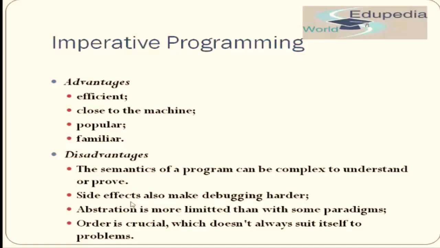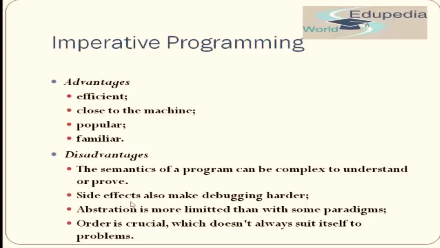Side effects also make debugging harder. Abstraction is more limited than with some paradigms. Order is crucial. That means sequence is crucial, which does not always suit the program. You could be making your program very complex by including so many goto and next statements, because you have to keep in mind that the sequence should be followed.